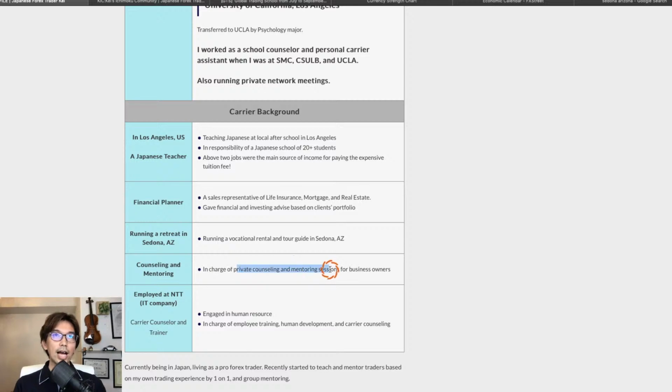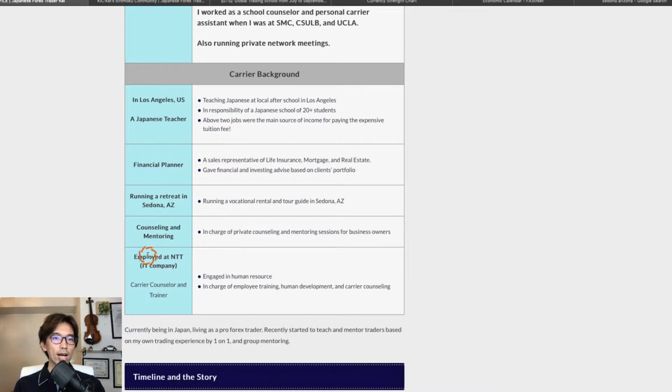And after that, my visa expired, and that's why I came back to Japan. After I came back to Japan, I was an employee at one of the biggest IT companies in Japan, called NTT Communications, and I was a career counselor and a trainer there in human resources.